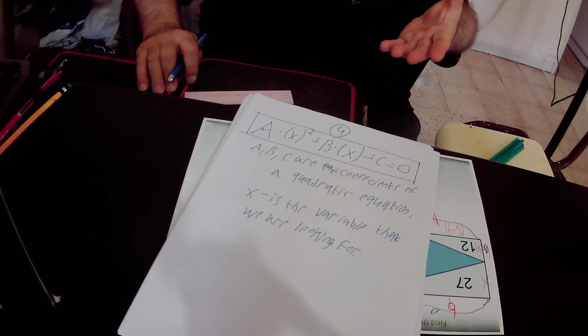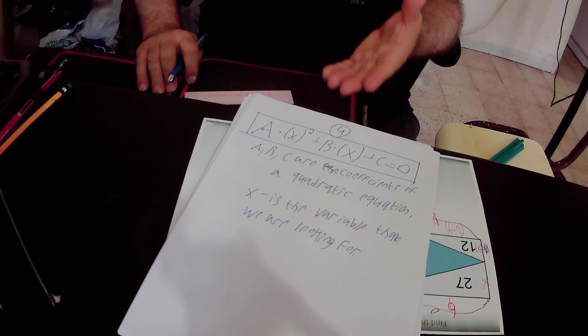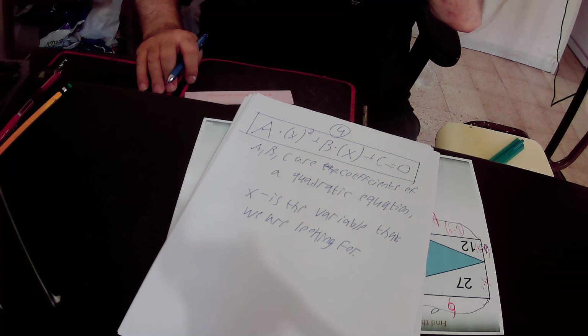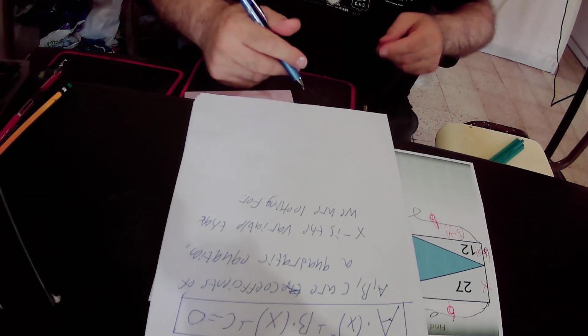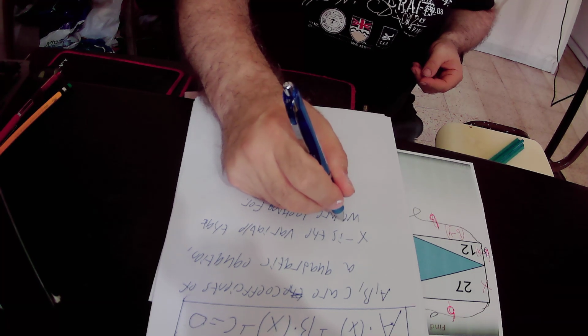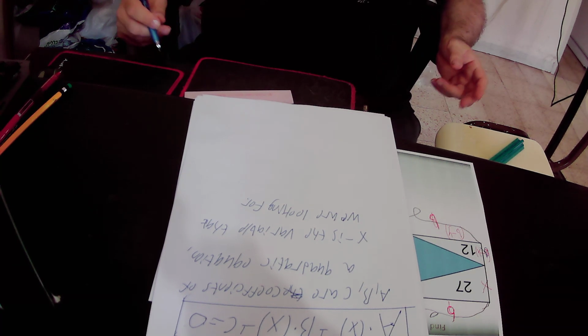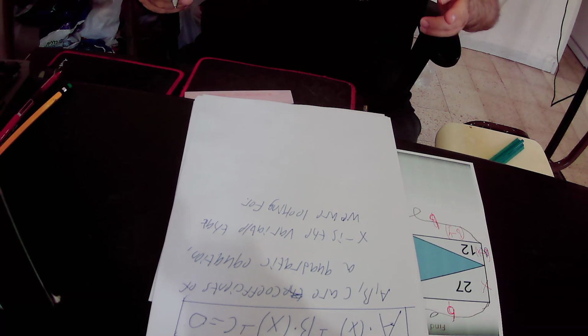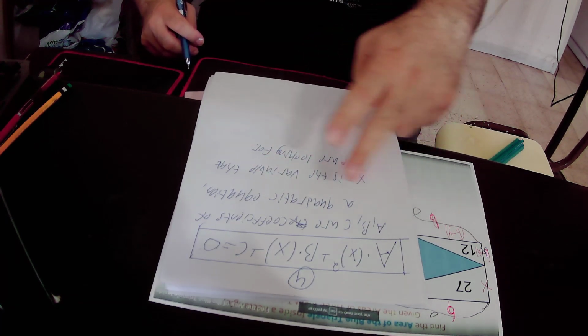Otherwise, without this formula, we can never solve this quadratic equation. By the special formula that I will give you, we will be able to find the value or the values of x. That is to say, we will be able to find the root or the roots of this quadratic equation.